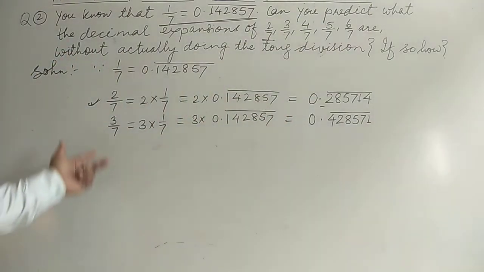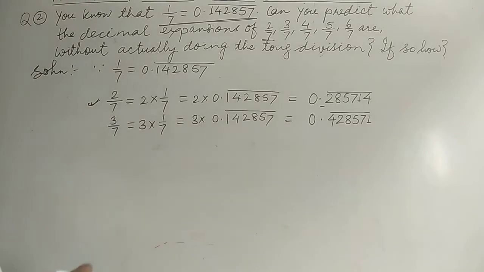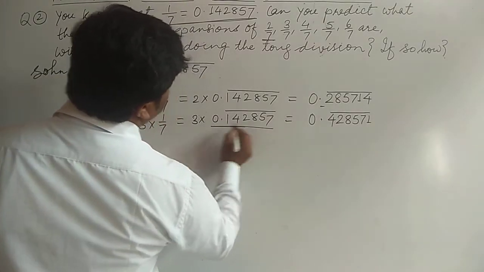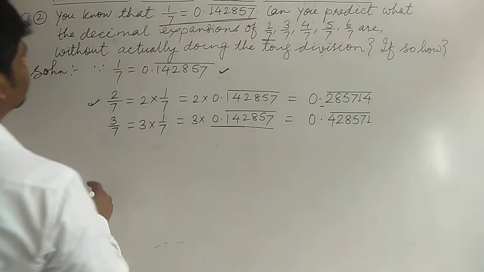You see, next also, for getting the value of 3 by 7, we did not divide, we predicted the value by applying the value of 1 by 7.